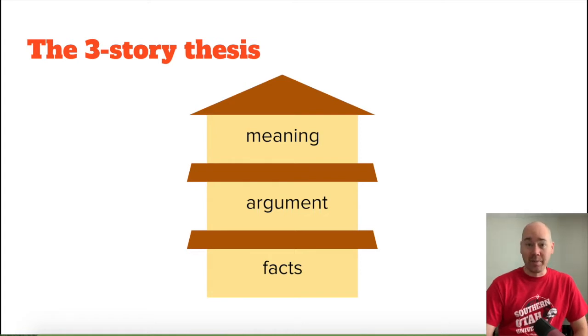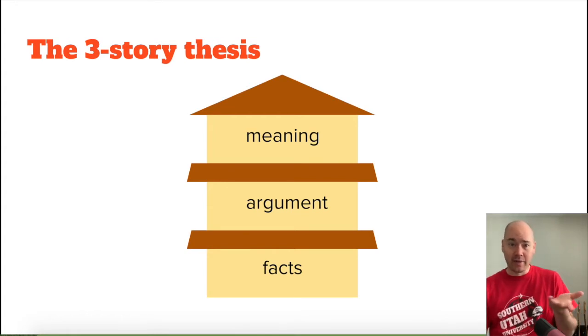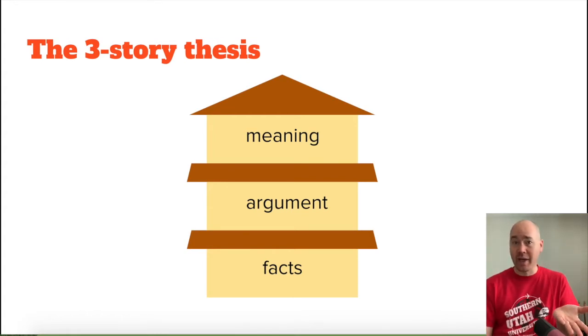An argument is something that people could disagree with, but you have to support in order to show is true. So another example of an argument that you've probably seen in real life is in a courtroom where a lawyer has to argue that their client, somebody who's accused of a crime, is guilty or not guilty.